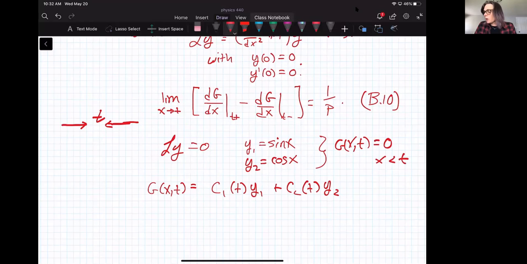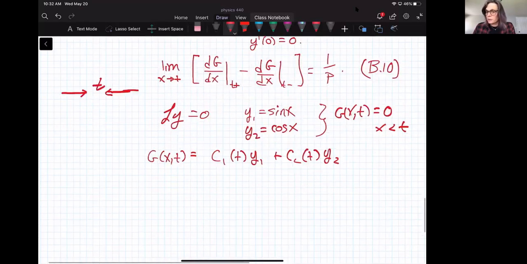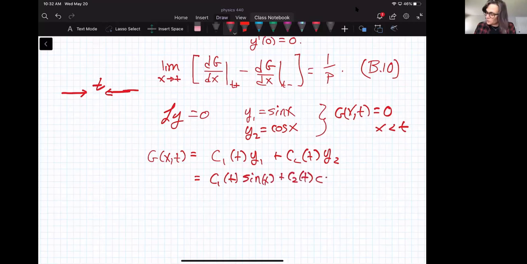From the setup of the problem and what we're given, we already know part of the Green's function. So we need to find the other part. So we're left with a linear combination of these two solutions. This can be written as c1 of t times sine of x plus c2 of t times cosine of x.